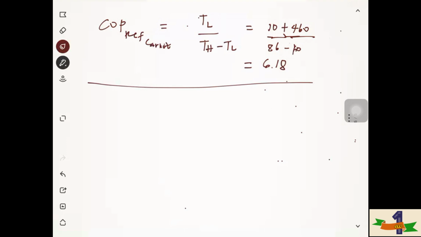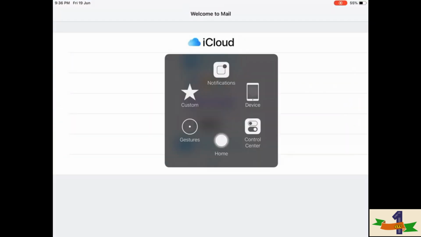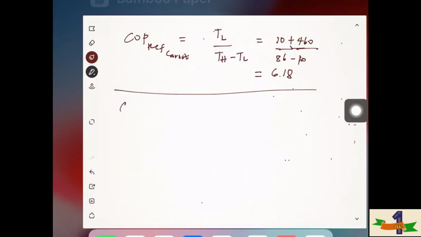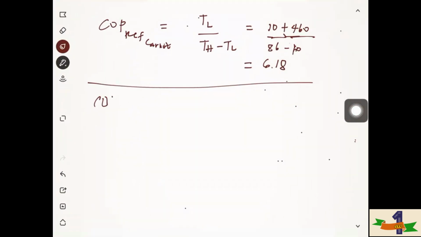The COP of our heat pump, considering a Carnot cycle, is TH over TH minus TL.